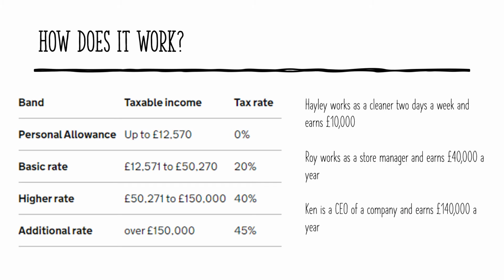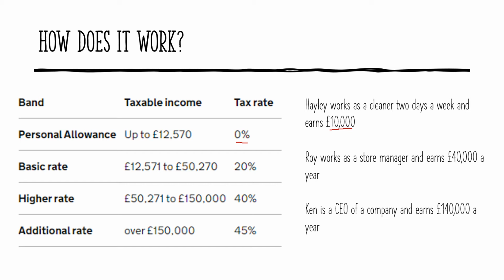So how does it work then? Everybody who works in the UK is entitled to earn £12,570 and pay 0% income tax. So if you earn £10,000, like Hayley does here, she's a cleaner, she won't pay anything.